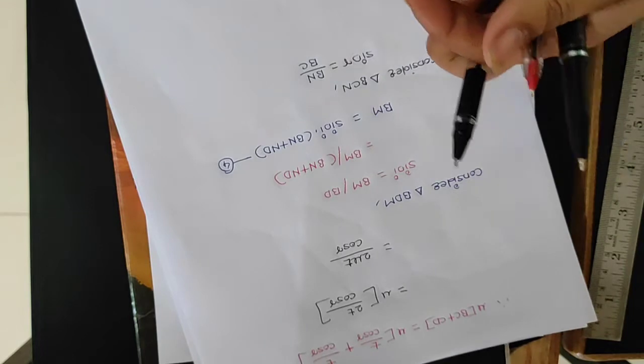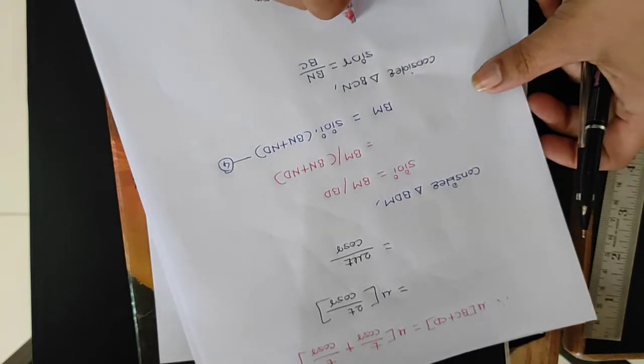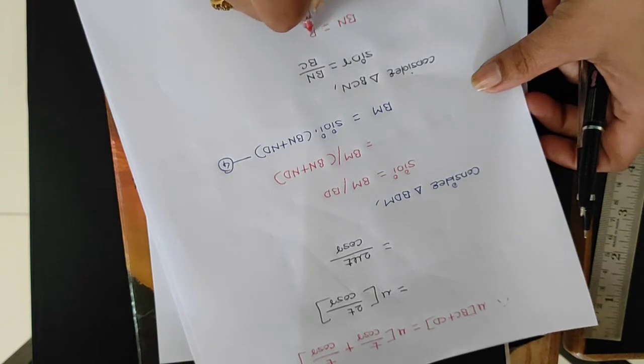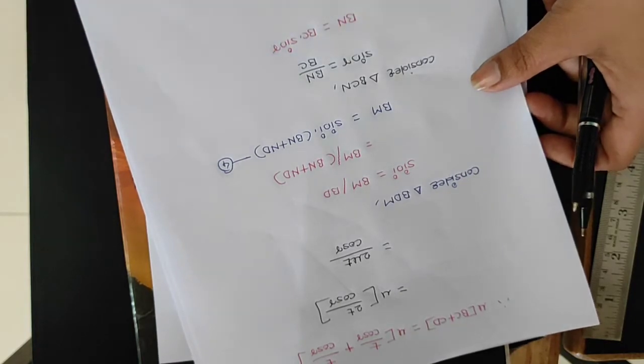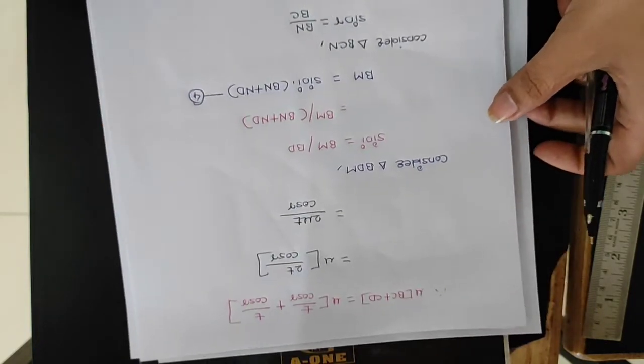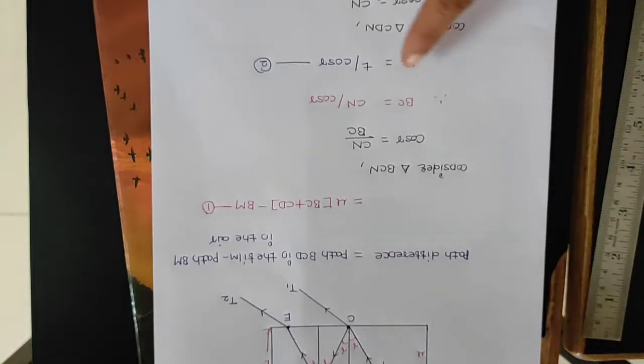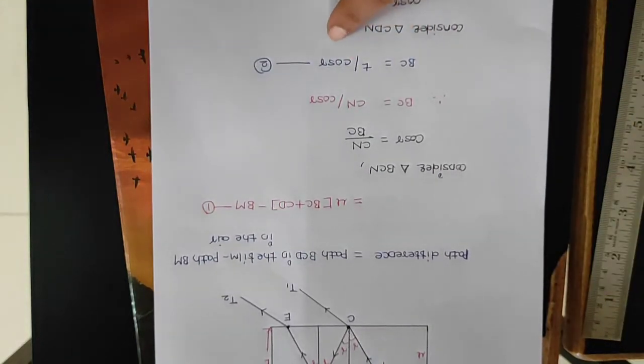Therefore, we can write BN is equal to BC into sin r. Now again we know that the value of BC is equal to t divided by cos r.